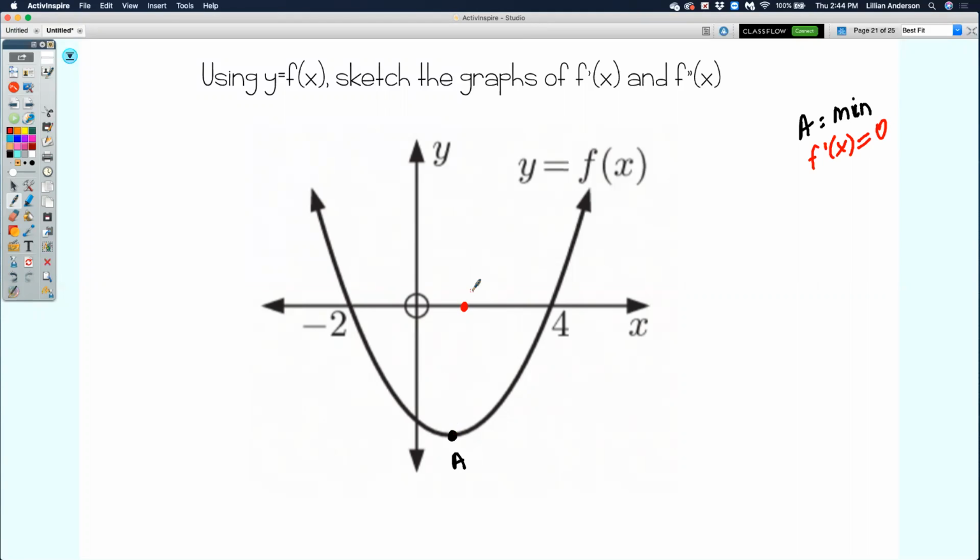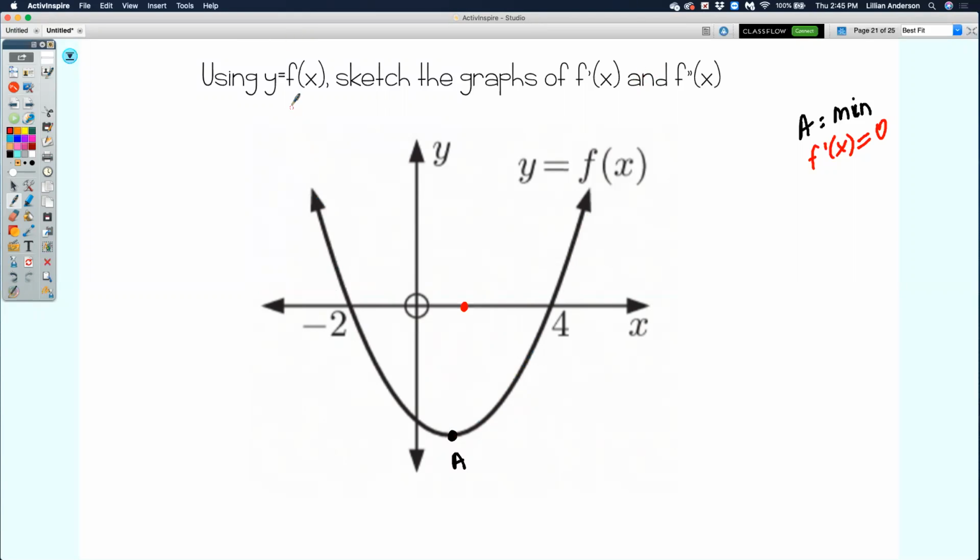Now our function, if I go from left to right, from negative infinity to positive infinity, it is decreasing from negative infinity until that point A, which I drew in. And then from point A until infinity, it's increasing.